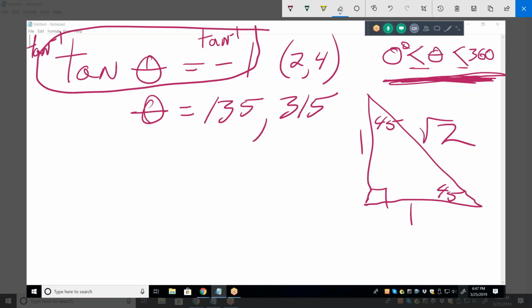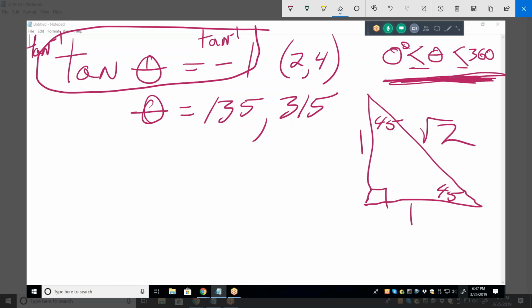For inverse tan to be a function, inverse tans of positive numbers have to be in the first quadrant. Inverse tans of negative numbers have to be in the fourth quadrant. First and fourth. There are no second and third answers on inverse tan.